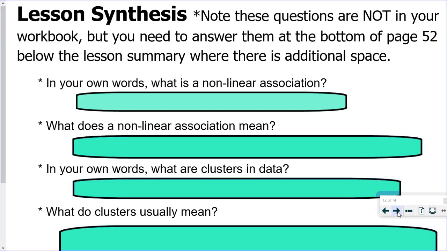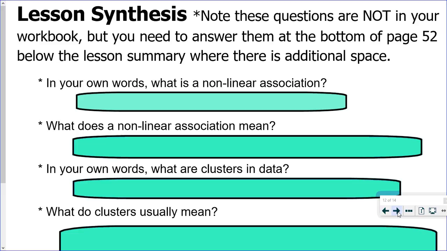Then jot down, what does a nonlinear association mean? In your own words, what are clusters in data? And what do clusters usually mean? So once you get these questions jotted down, pause the video, and think about these questions and jot your responses down.